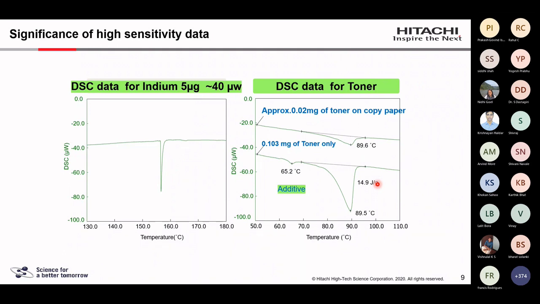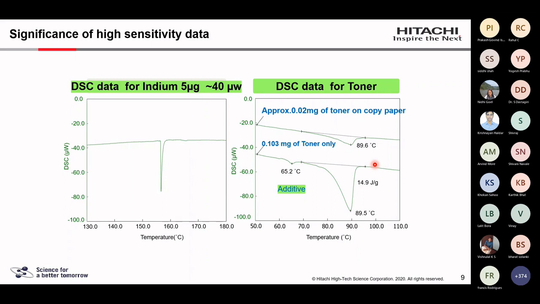Before I forget, please remember DSC does not know what type of sample you have kept inside your sample pan. On the basis of the result you get, like an endothermic reaction or exothermic reaction or a phase transition or a glass transition, you have to interpret your data. So coming back to the right-hand side diagram, this is a DSC graph of toner, which is used in a photocopying machine to copy your document.